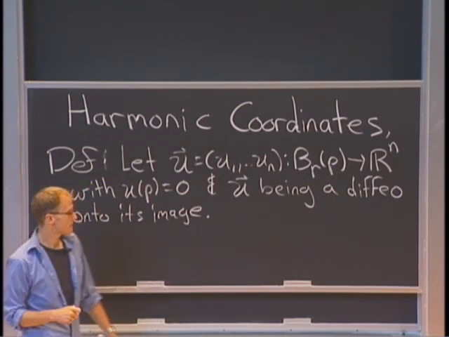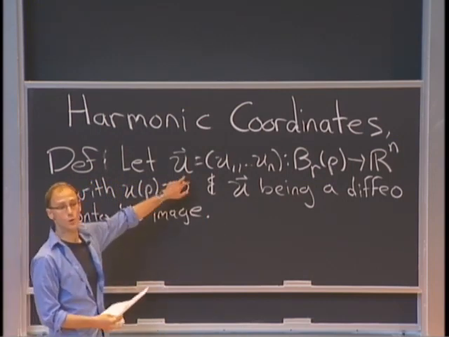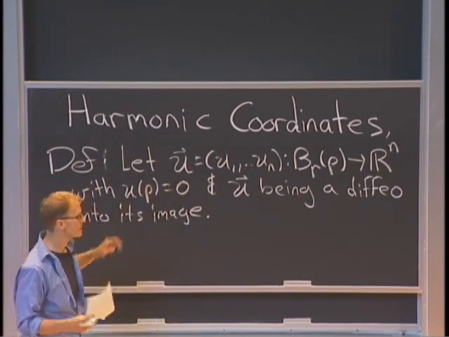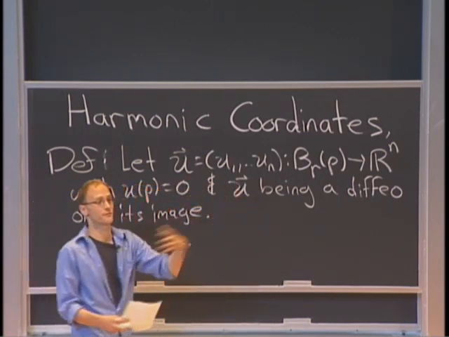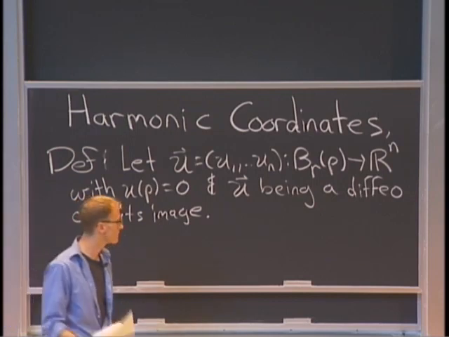No statement's really been made yet. I'm basically just saying this is a coordinate chart, mapping p to the origin. You can always shift a coordinate chart to force that, so there's no assumption there.